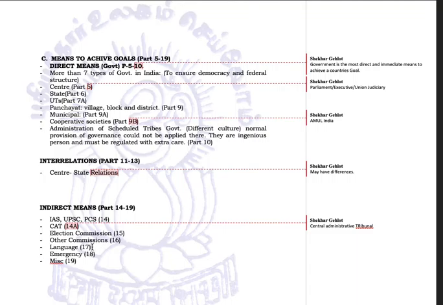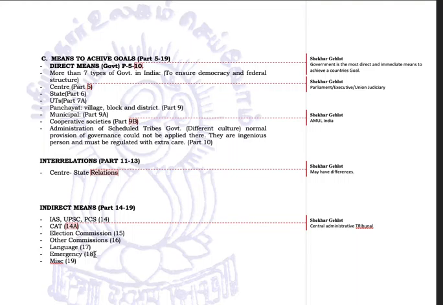And then language: what shall be the language of the union? There are so many languages right now. What shall be the language of the state? What shall be the mother language? Then emergency provisions: what will happen when there is some emergency in the country, when there is some external aggression, or when some natural calamity like the coronavirus pandemic has come up?